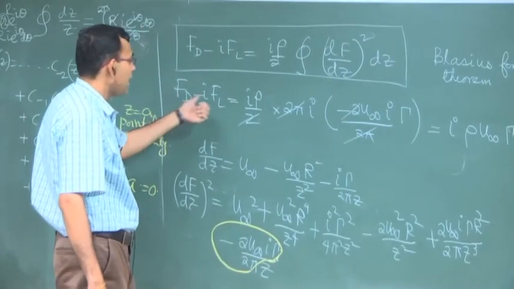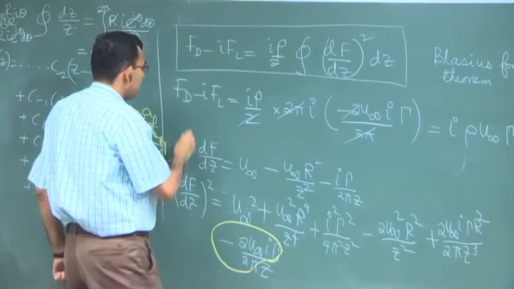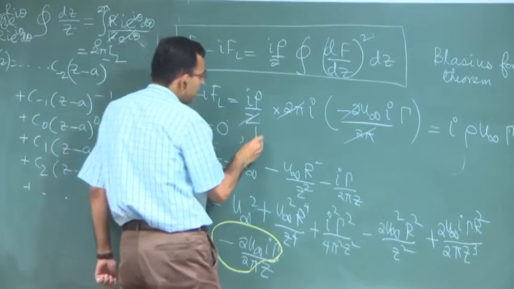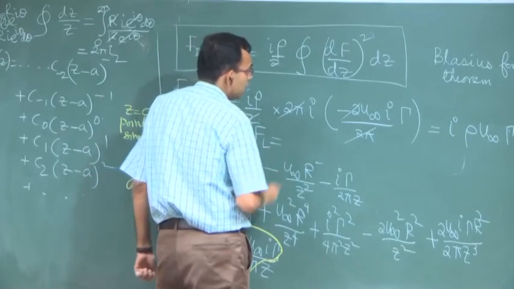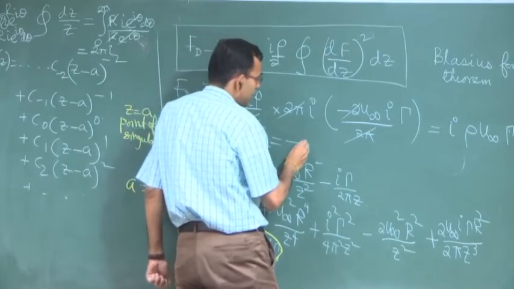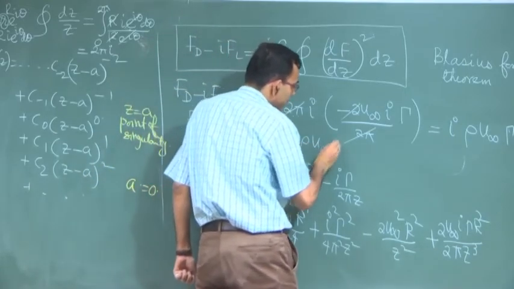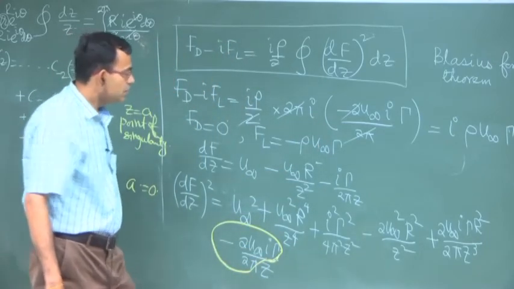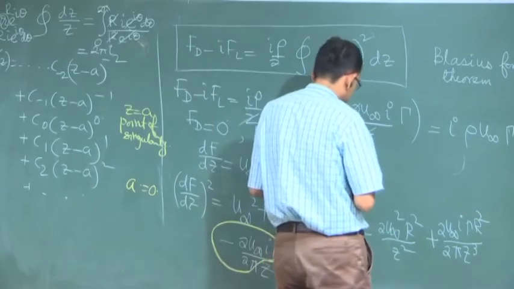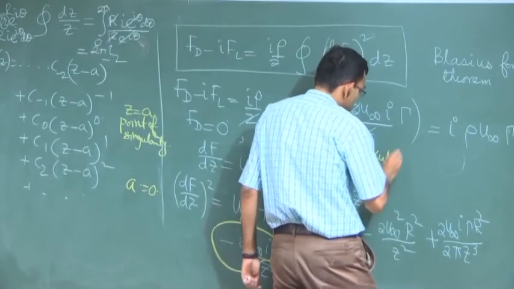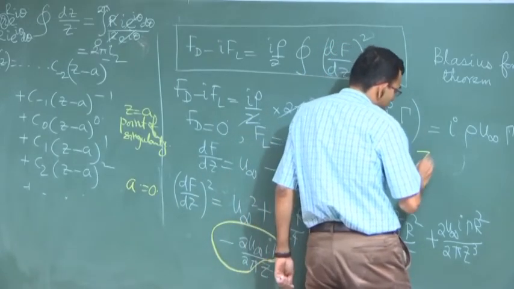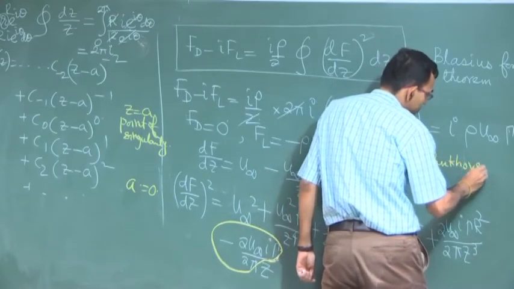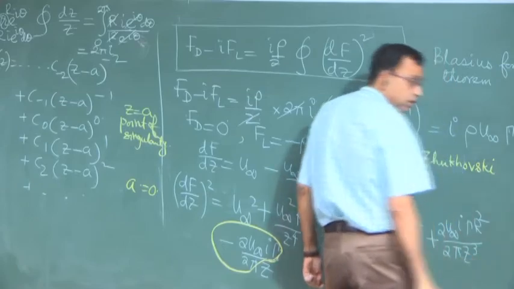If you compare this with the right hand side, you will see that the drag force is still 0, but the lift force is minus rho u infinity gamma, right. This is known as the Kutta-Zhukovsky theorem.